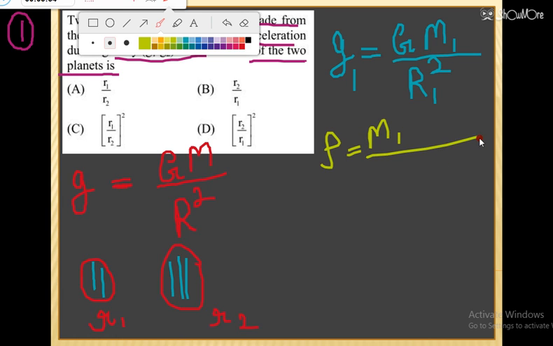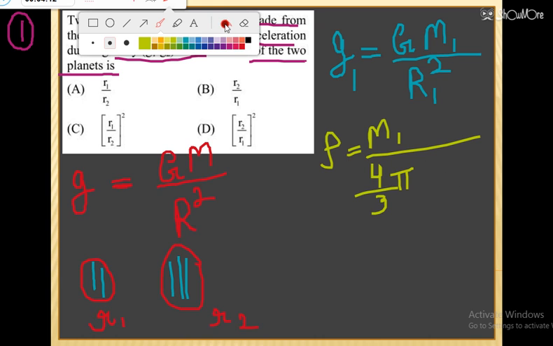So this is M1 by 4 by 3, if I take it as a solid sphere, 4 by 3 pi R1 cube. So M1 will be equal to density into 4 by 3 pi R1 cube.